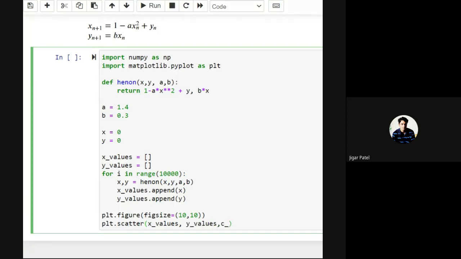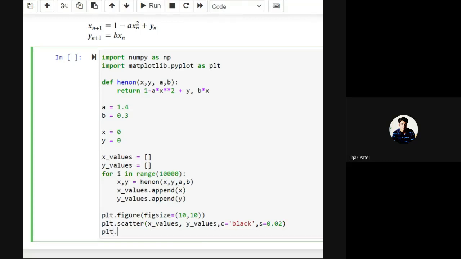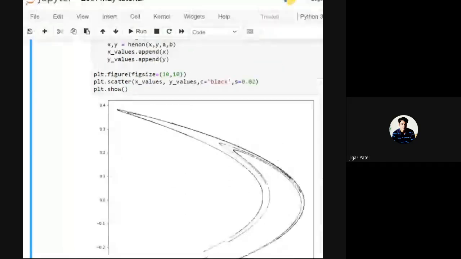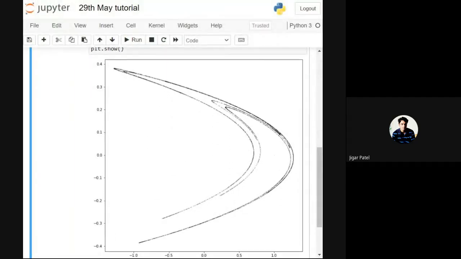Say the color to be black, and the size of the points to be say 0.02. Okay, and then finally we do plt.show and see if our graph works. Yeah. So is this visible? Yes. Nice graph here.